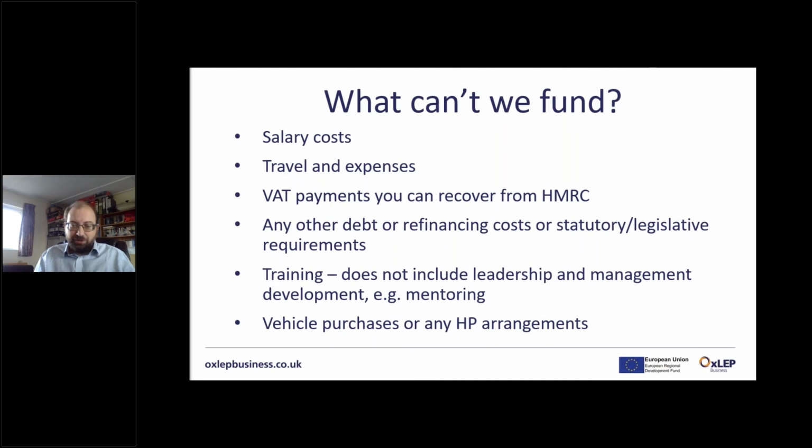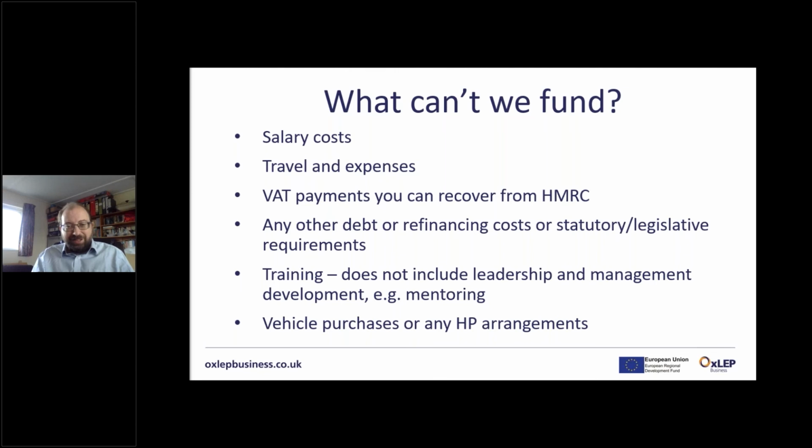Please make sure that you do use the HMRC checker to ensure that any contractors or consultants that you're using really are consultancy costs and shouldn't be treated as salaried staff. We cannot fund travel and expenses. As I've mentioned, we cannot fund VAT payments that you can recover from HMRC because you can't recover VAT twice.